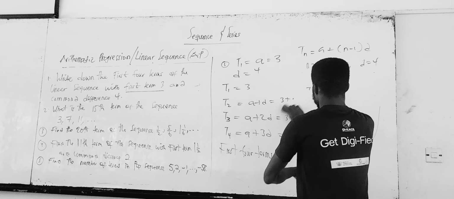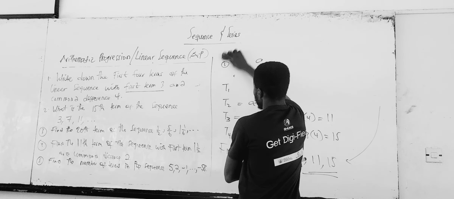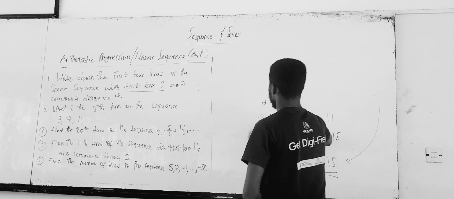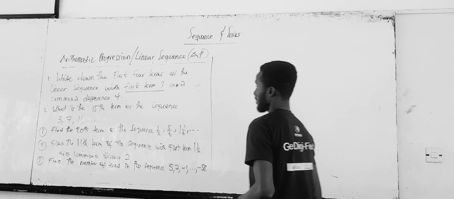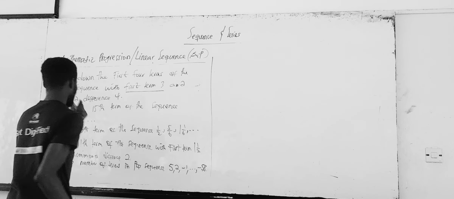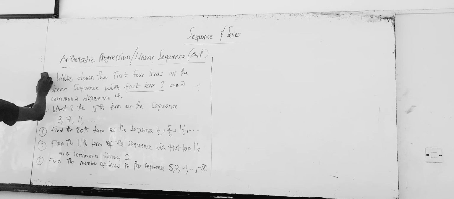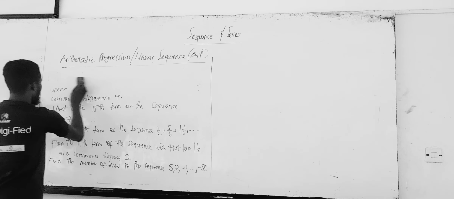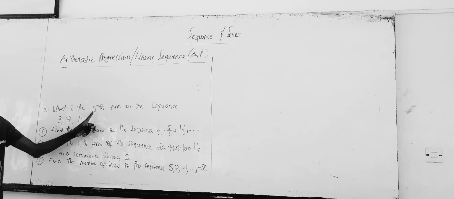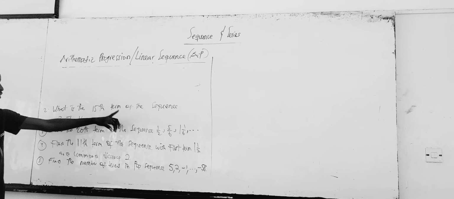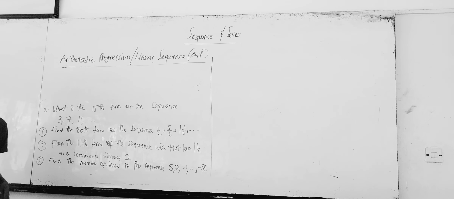Now let's move on to question number 2. Let me clean this one. Now question number 2. The question says, what is the 15th term of the sequence 3, 7, 11?